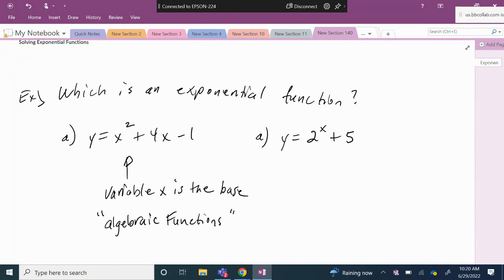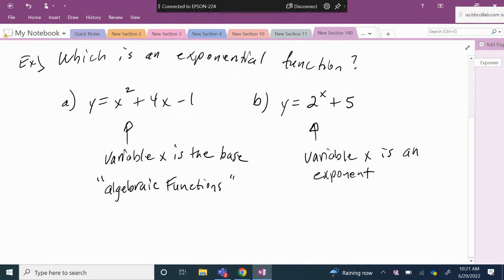If you take a look at, I'm sorry, that should be B, y is equal to 2 raised to the x plus 5, notice that the variable x is an exponent. And the base, which was once the variable in algebraic functions, is now some constant.